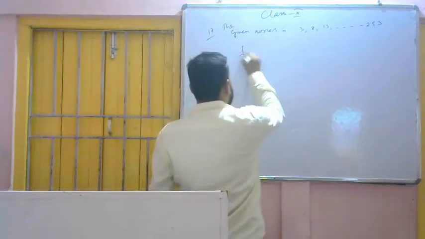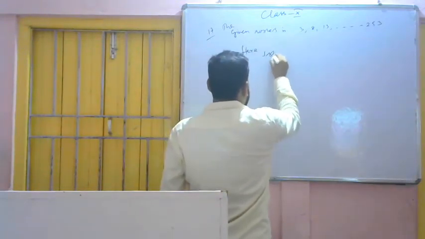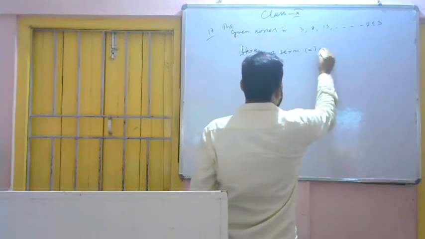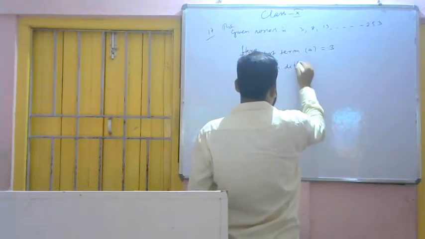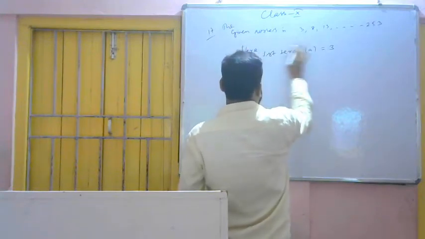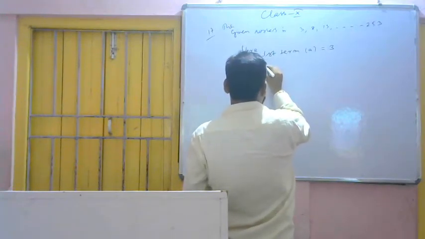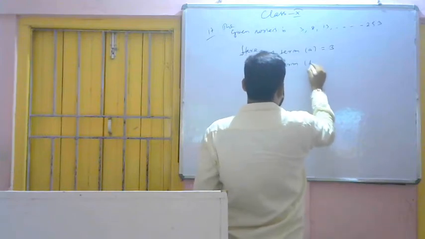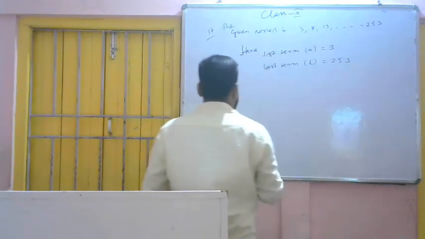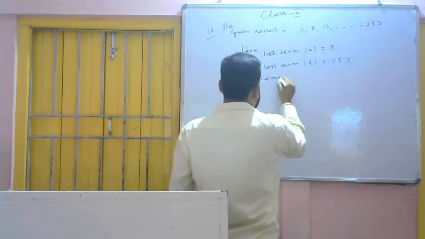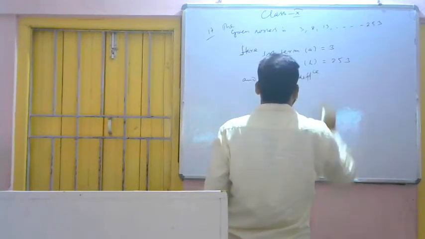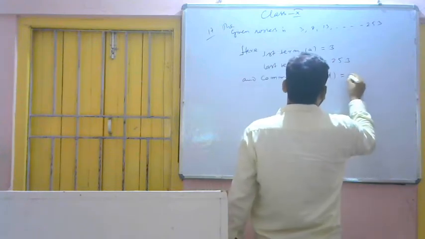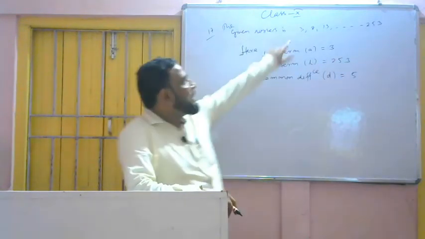So here first term A is equal to 3, last term L is equal to 253 and common difference D is equal to 5. How 5? 8 minus 3 is equal to 5.